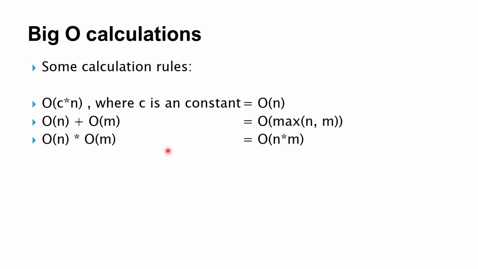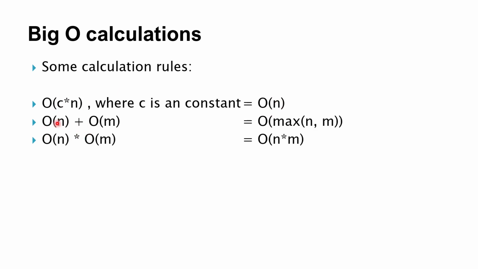Alright, so there are some rules you should stick to when calculating big O. If you have a constant in front of the n, 2 times n or 3 times or 4 times, that doesn't really matter, because it is still the n that matters. So you can throw away the constants and just leave n.